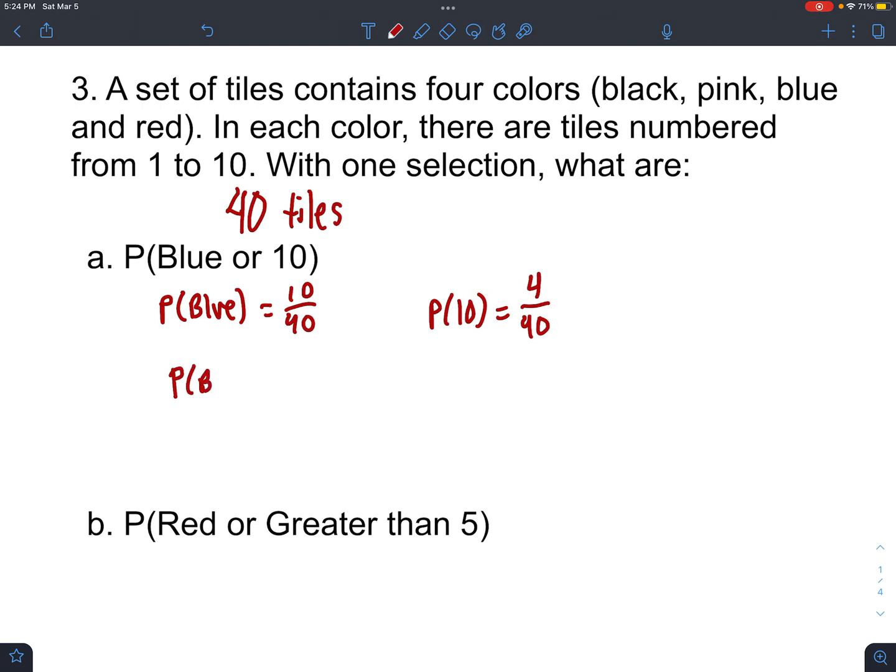So the addition rule says the probability of blue or 10 should be the probability of blue plus the probability of 10 minus the probability of blue and 10.